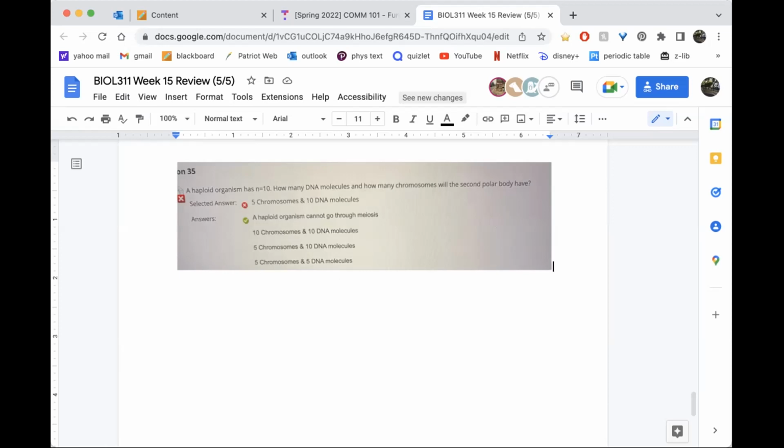So if you try to put that organism through meiosis, one of its daughter cells would have chromosomes 1, 2, and 3, but the other one would have 4, 5, and 6. Both of them are missing genetic information. And like Usman said, it's already in half, so you can't split it again.